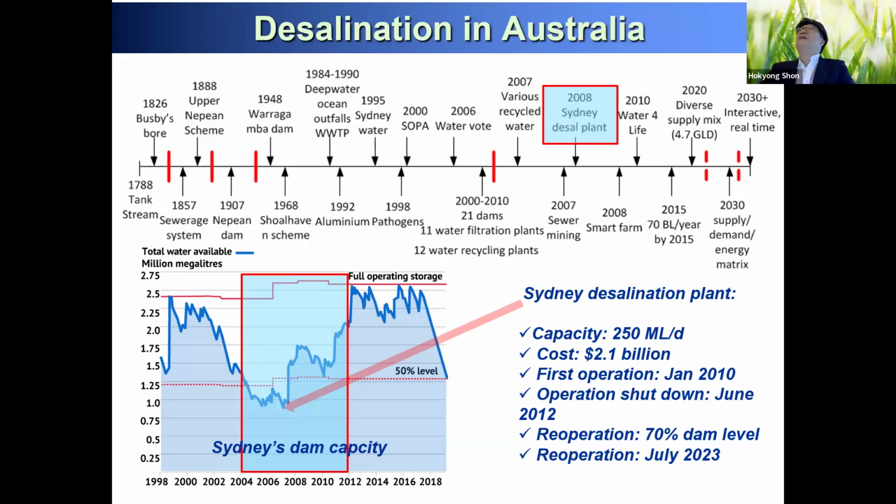That's why they opened for bid internationally. Okay, who wants to buy the desalination plant? We spent $2.1 billion, so we want to sell this desalination plant for $2.1 billion plus $100,000. So they wanted to have a $100,000 profit.